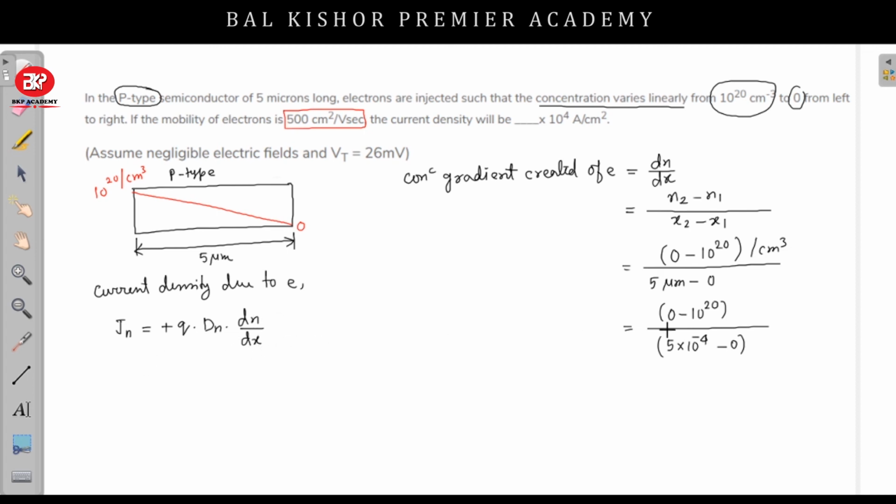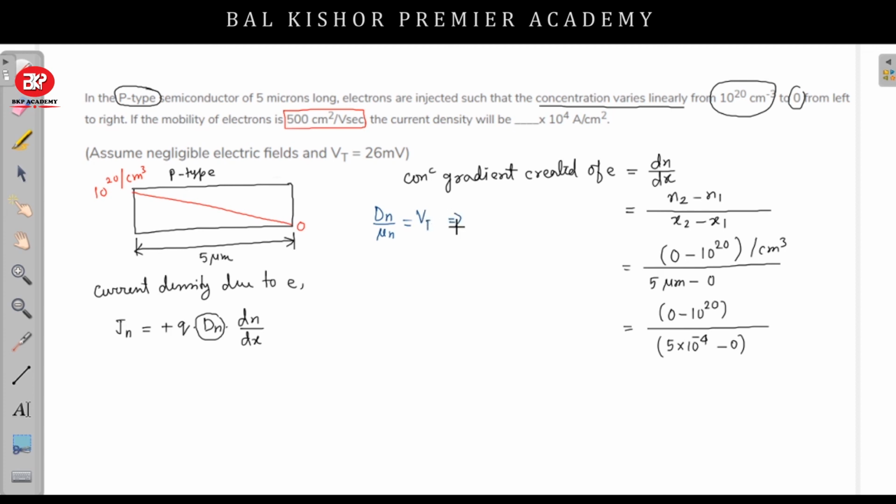Now dn by dx का वैल्यू तो मेरे पास है, q का वैल्यू मुझे मालूम है और Dn, that is the diffusion coefficient का वैल्यू यहाँ पे नहीं है. So diffusion coefficient का वैल्यू मुझे निकालने पड़ेंगे. So diffusion coefficient का वैल्यू मैं अगर जानता हूँ तो आइंस्टाइन रिलेशन से जानता हूँ. क्या होता है कि Dn by mu n is equals to Vt.